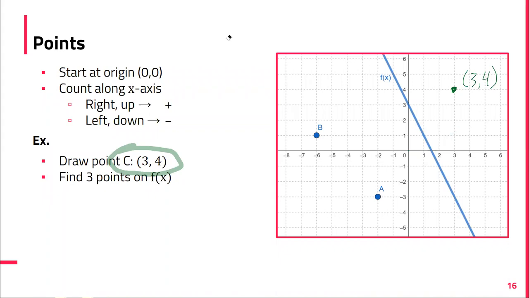Please tell me 3 different points that are on line f of x here. 1, 1; 0, 3; negative 1, 5. Yeah, so you can see 3, negative 3; 4, negative 5.